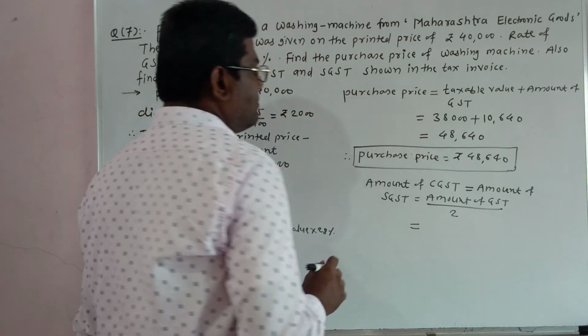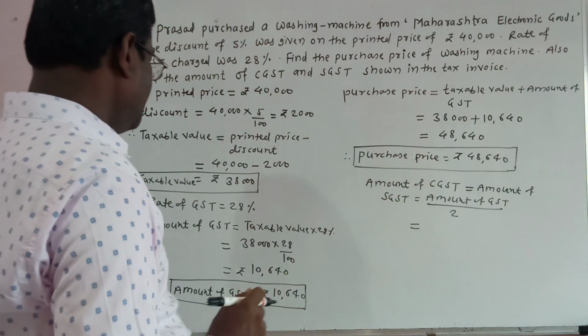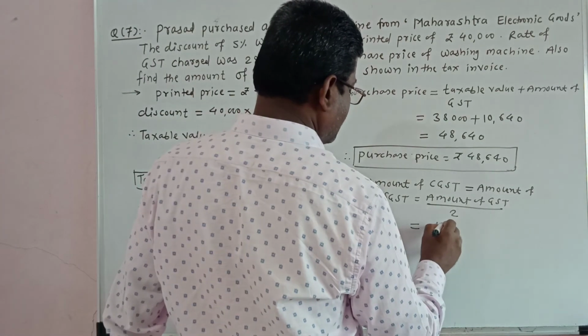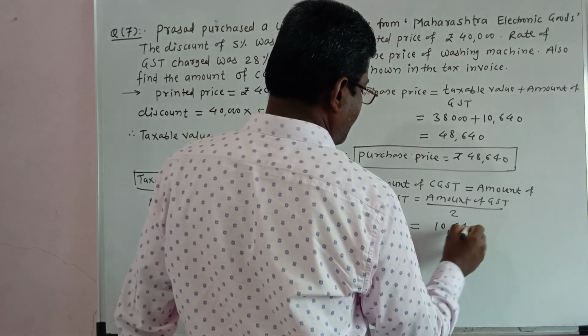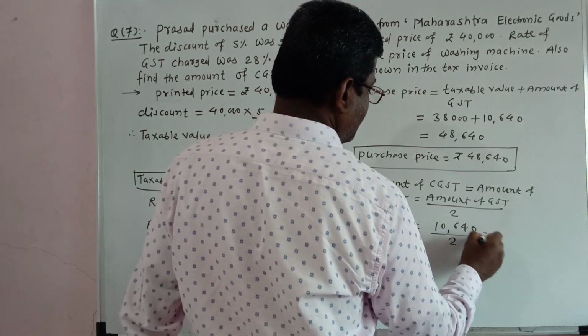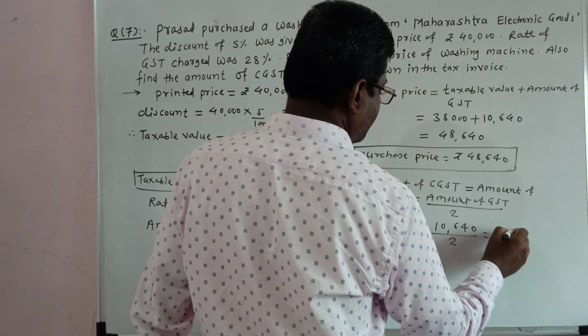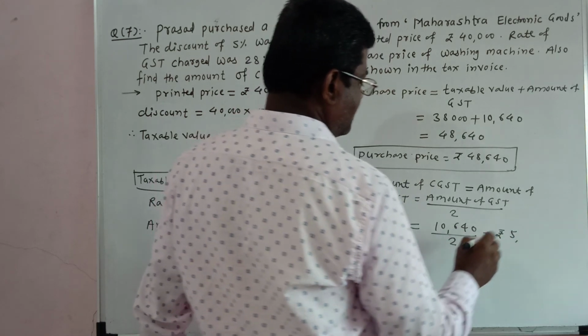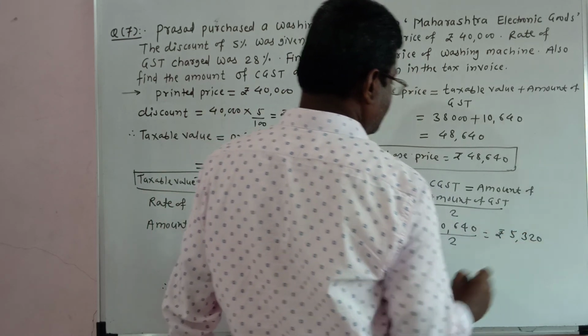The amount of GST is 10,640 divided by 2, so it will be rupees 5,320.